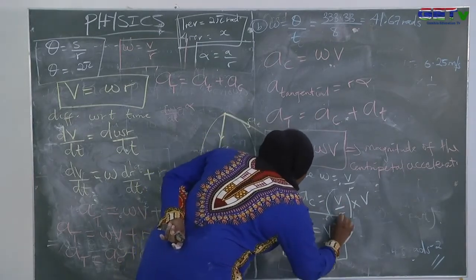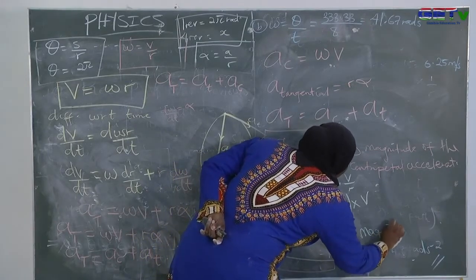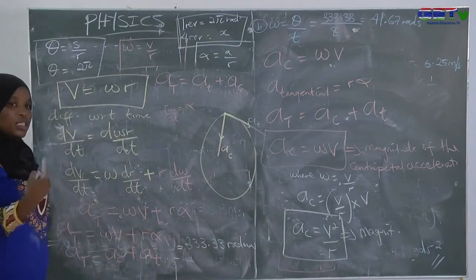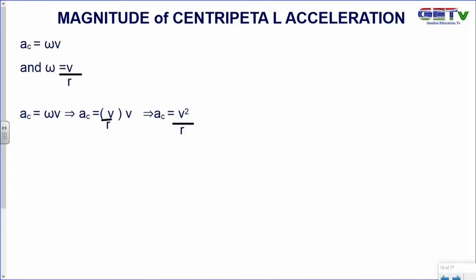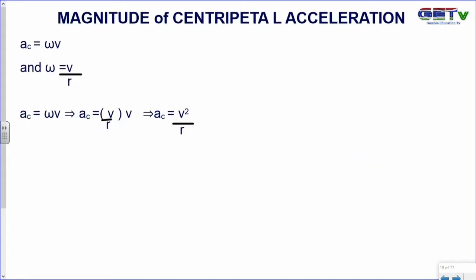This gives us the magnitude of the centripetal acceleration, and the direction is always towards the center of rotation. You've seen the derivation there. The direction of centripetal acceleration will always point towards the center of rotation. Is that understood? And the magnitude is v squared all over r, and that is how it is obtained.